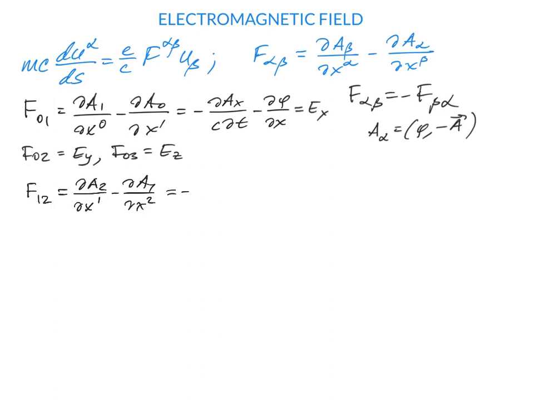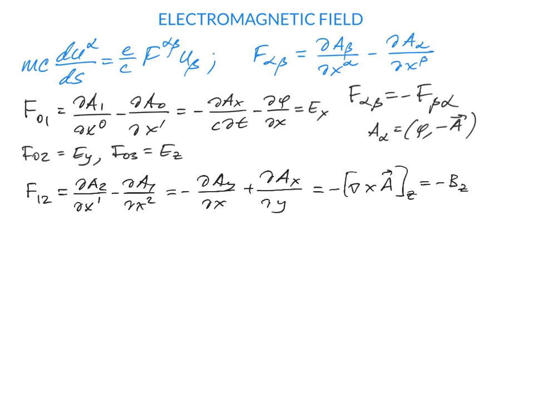This is minus dAy by dx plus dAx by dy, which is negative z component of the curl of A. Now the curl of A is by definition the magnetic field, so this is minus Bz.